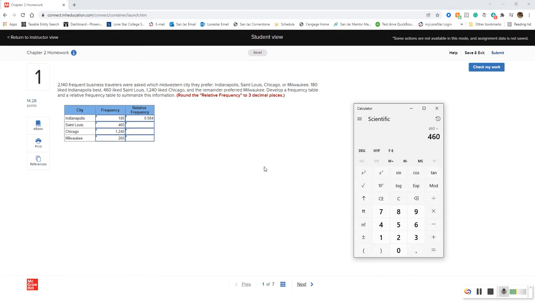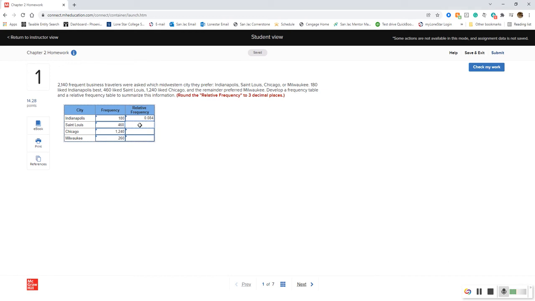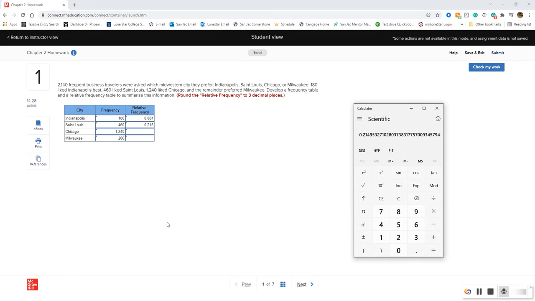So 460 divided by 2,140 is 0.215. Now again, remember rounding. If it's 5 or greater, we round to the next number. If it's less than 5, we round down. 1,240 divided by 2,140, we have 0.579.